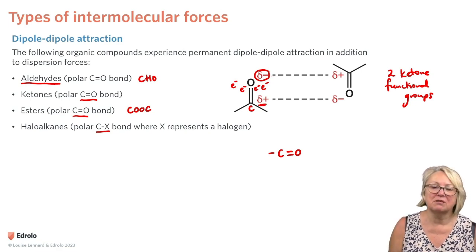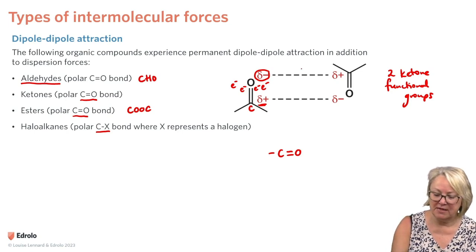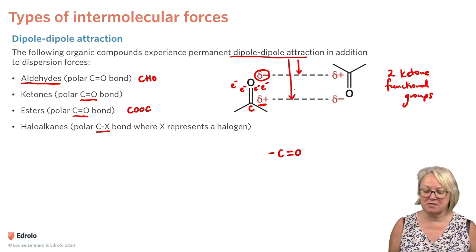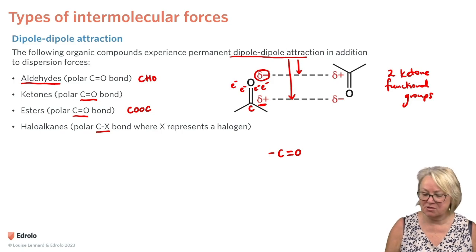Delta positive will attract delta negative and vice versa. So we can have permanent dipole-dipole attraction, and we show intermolecular forces using dotted bonds.